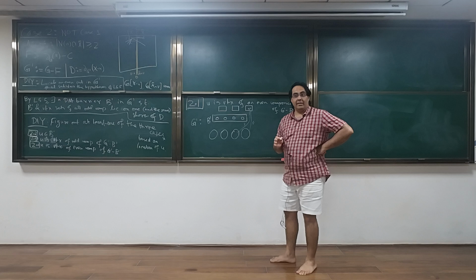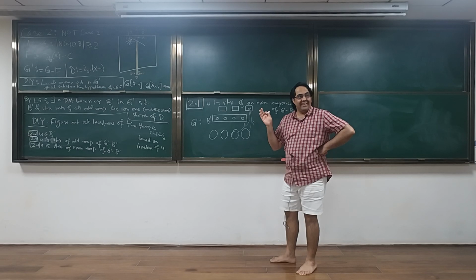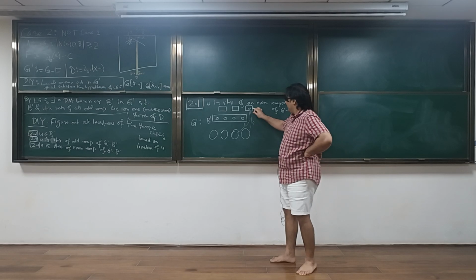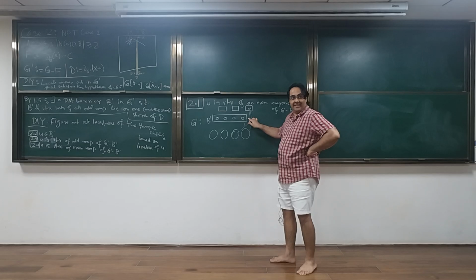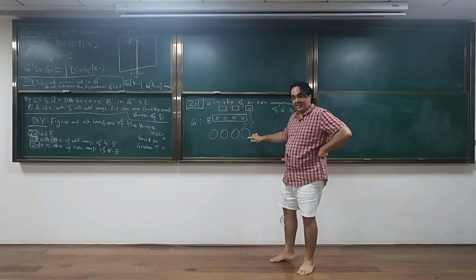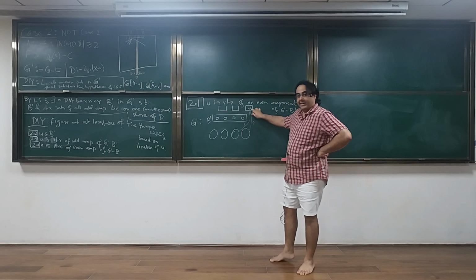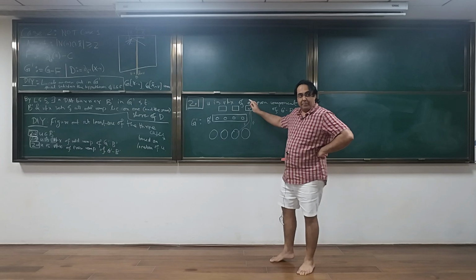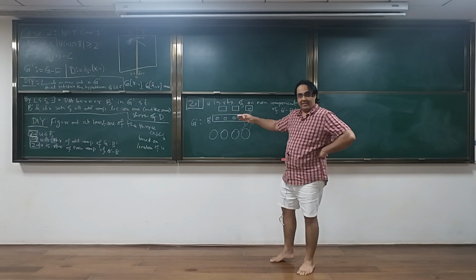But we can do something. What can we do? We can throw away U. We can include U in the barrier. Now these will all be odd components. So we will still get K odd components, but we are deleting K plus 1 vertices. Therefore, there will be a K plus 1 odd component somewhere.